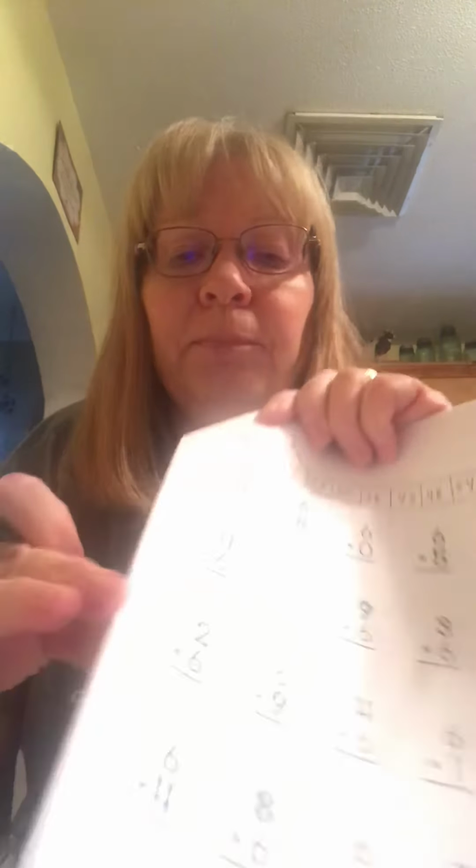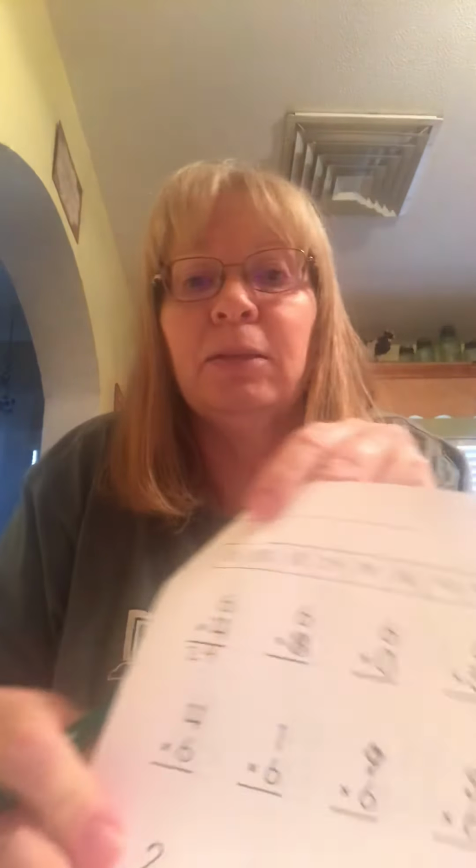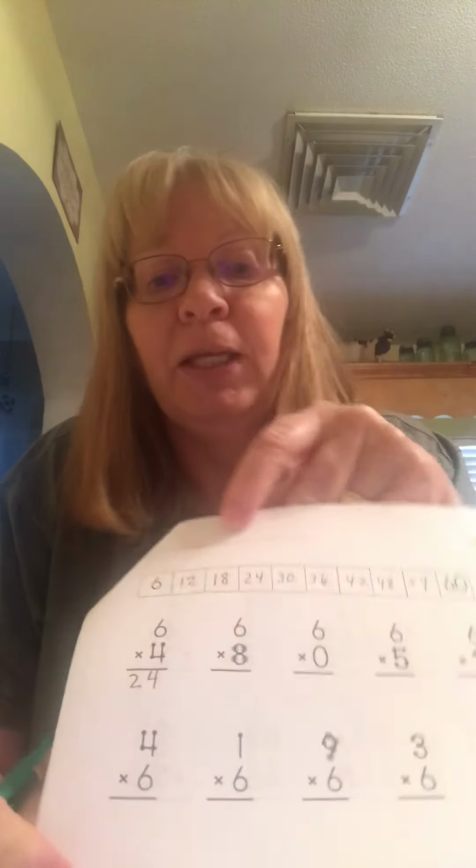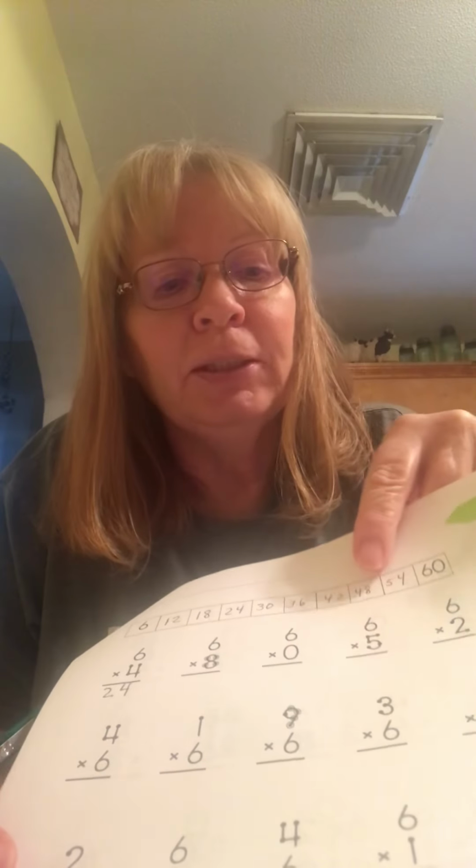Okay, so the first problem, 6 times 4. So I'm going to go 6, 12, 18, 24. Okay, so the 4 goes in the ones place and the 2 goes in the tens place. Remember, always line up your answers. Okay, let's go to 6 times 5.